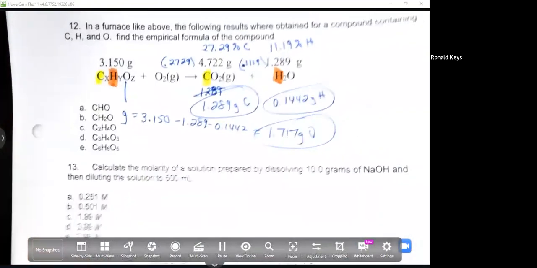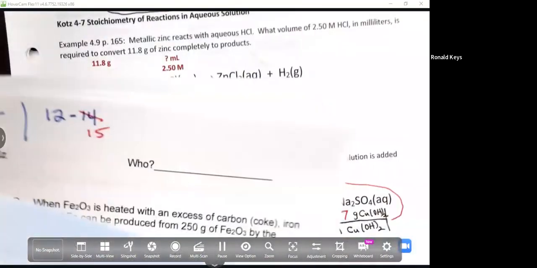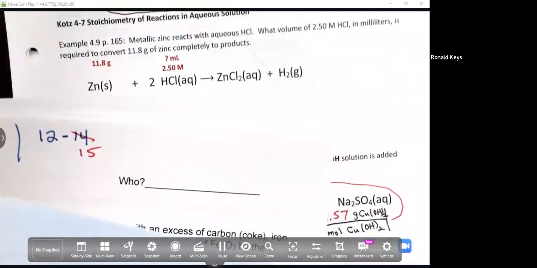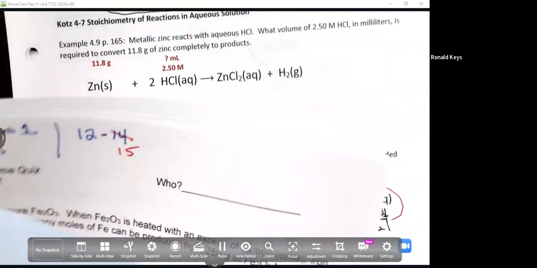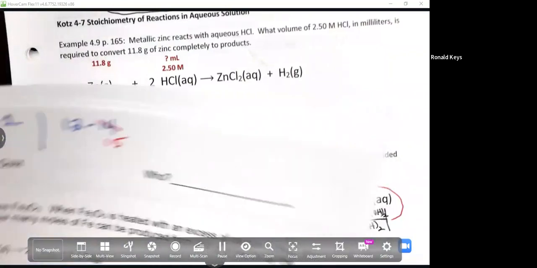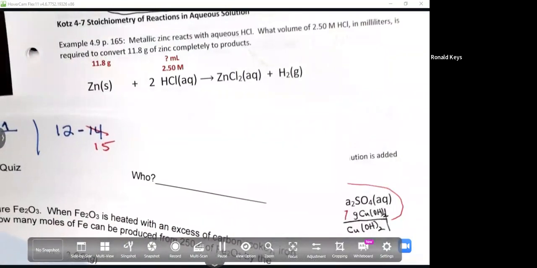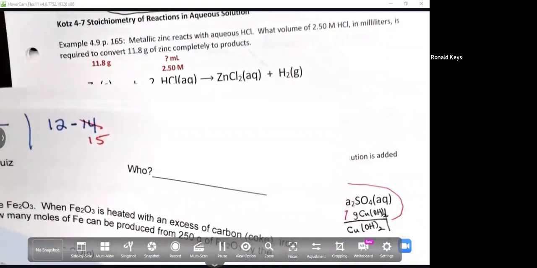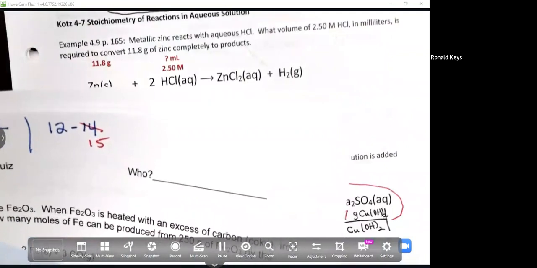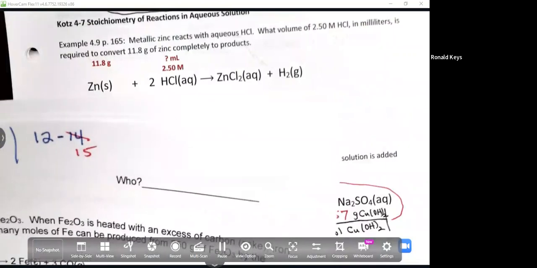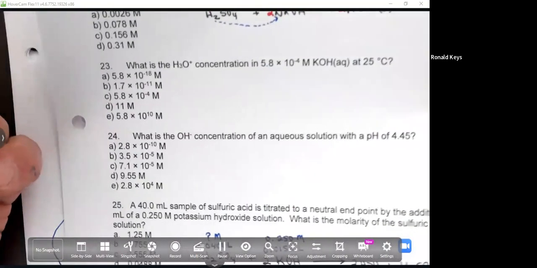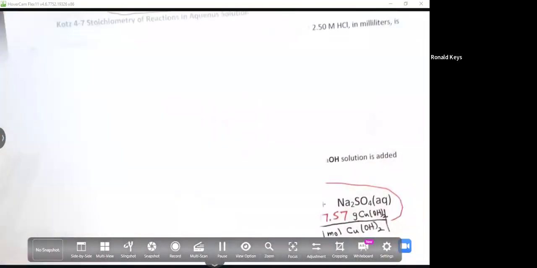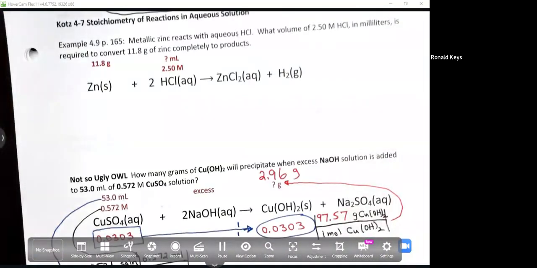On your quiz, you could try all of them. Especially do the pH ones, but look it over, just kind of scan it over.